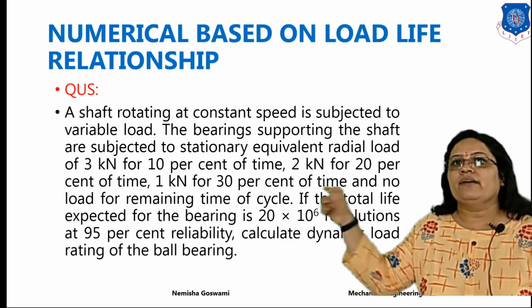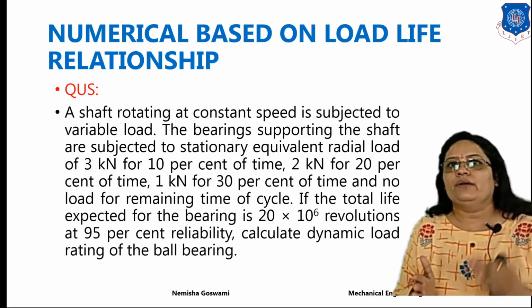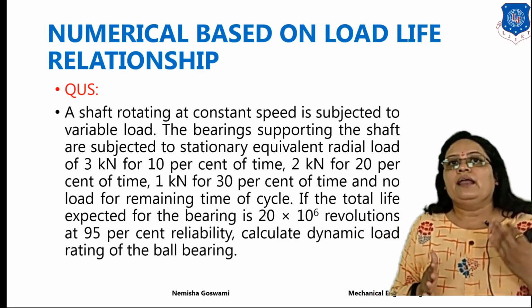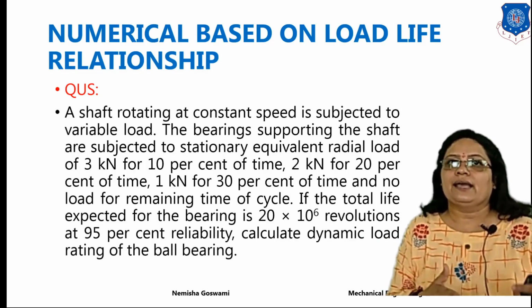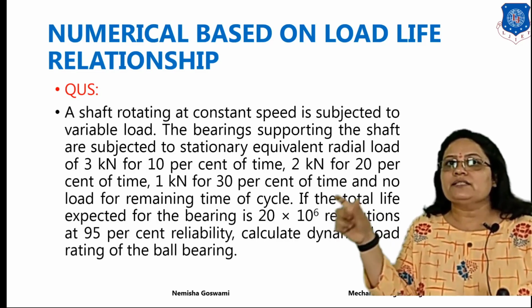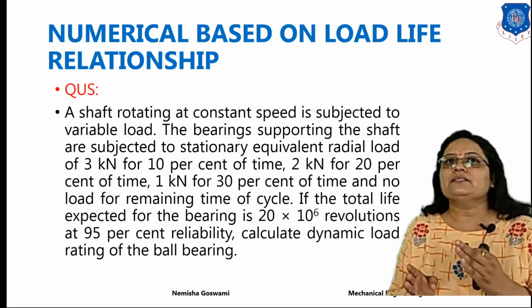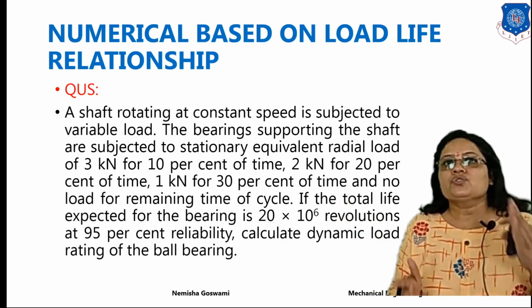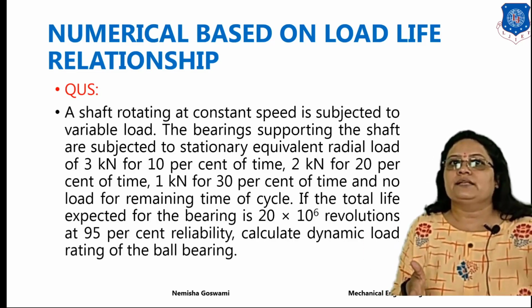So what is meant by this? This indicates that there are several loads given, W1, W2, W3, okay, and life of the bearing is N, or you can say percentage of time is given, right? So if we consider time equal to N, then N is equal to N1 plus N2 plus N3, different percentages of time.